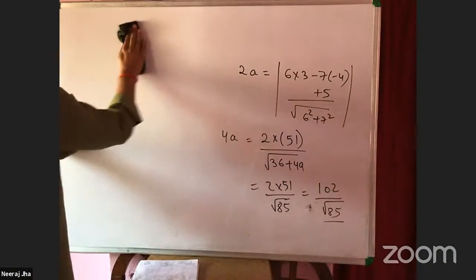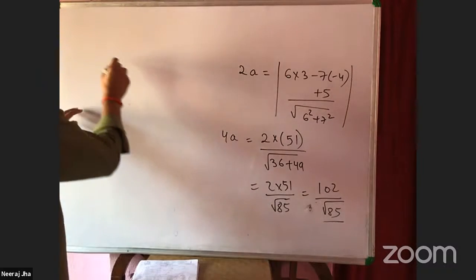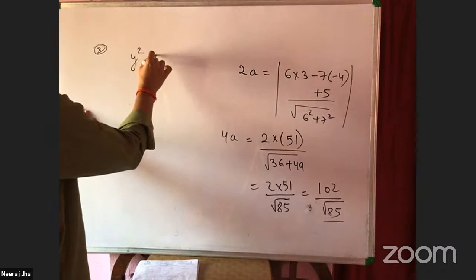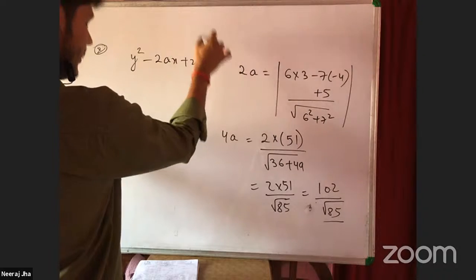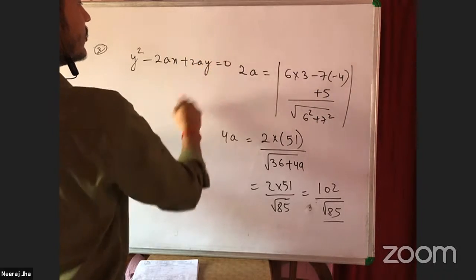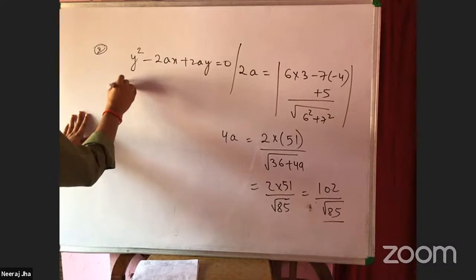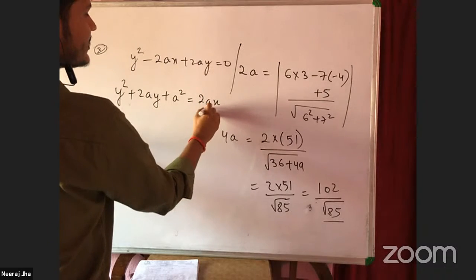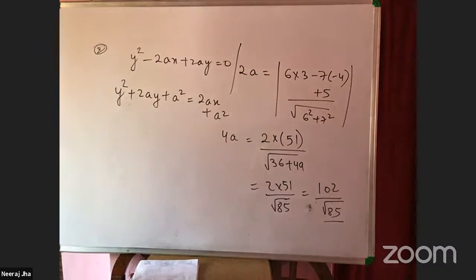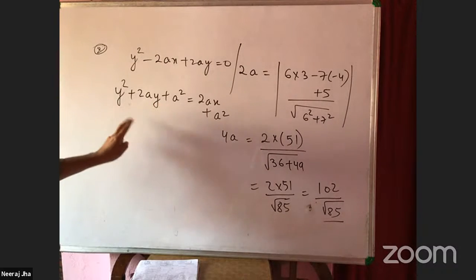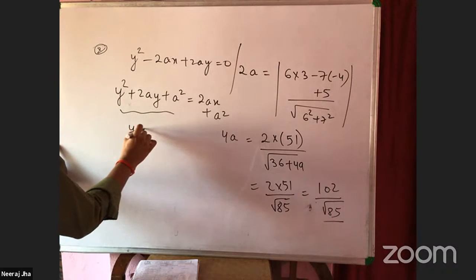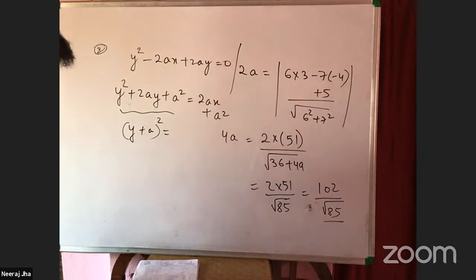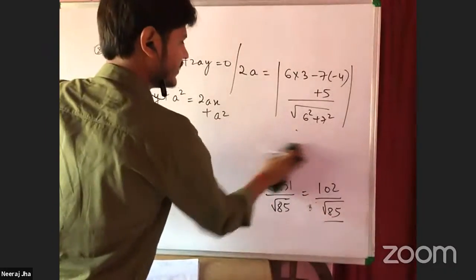Next, the second question says: find the coordinates of the focus of the parabola y square minus 2ax plus 2ay equals 0. I'll arrange this parabola first. y square plus 2ay plus a square is equal to 2ax plus a square, adding a square to both sides. So y plus a whole square is equal to 2a common, making the coefficient of x as 1.